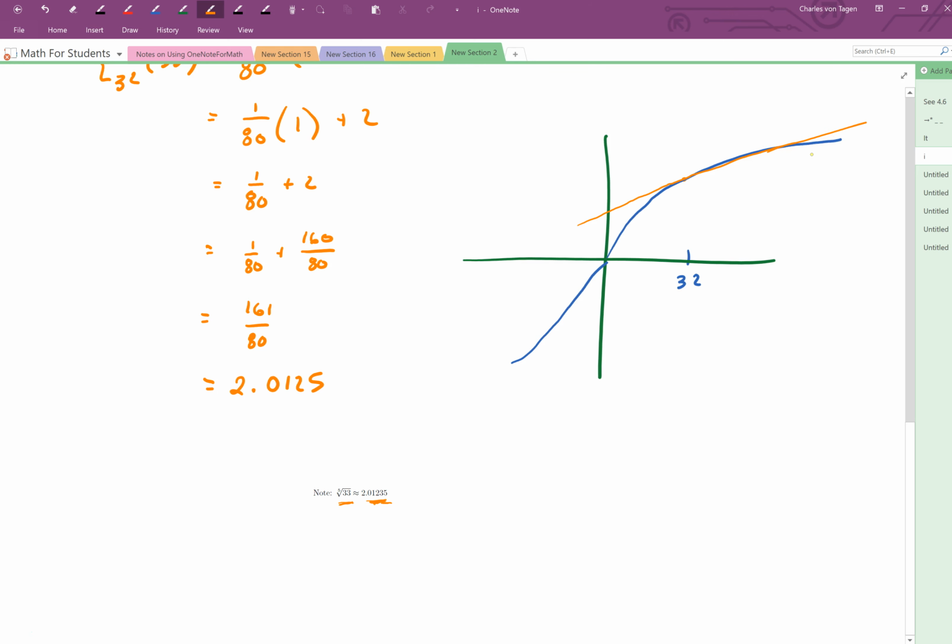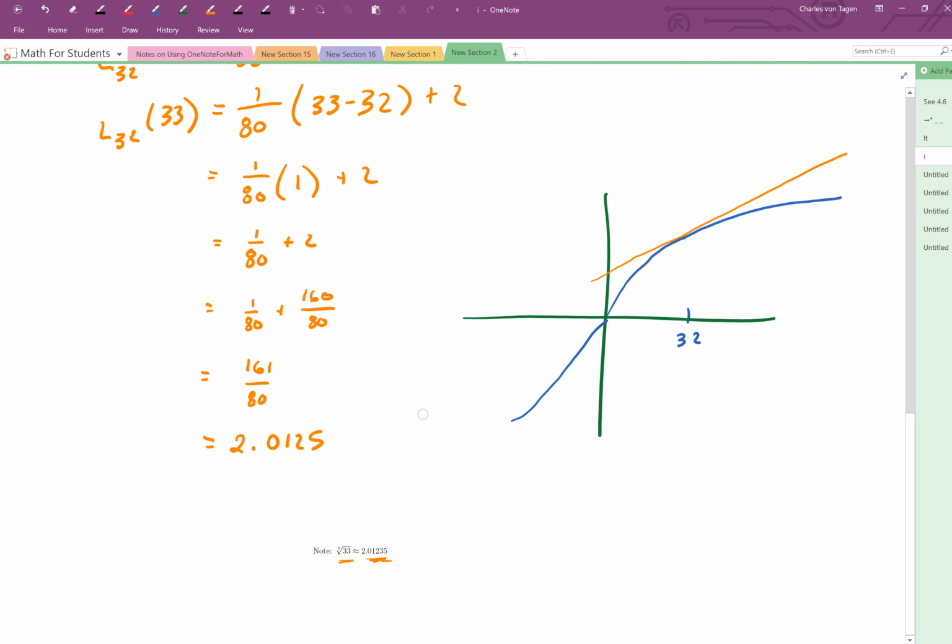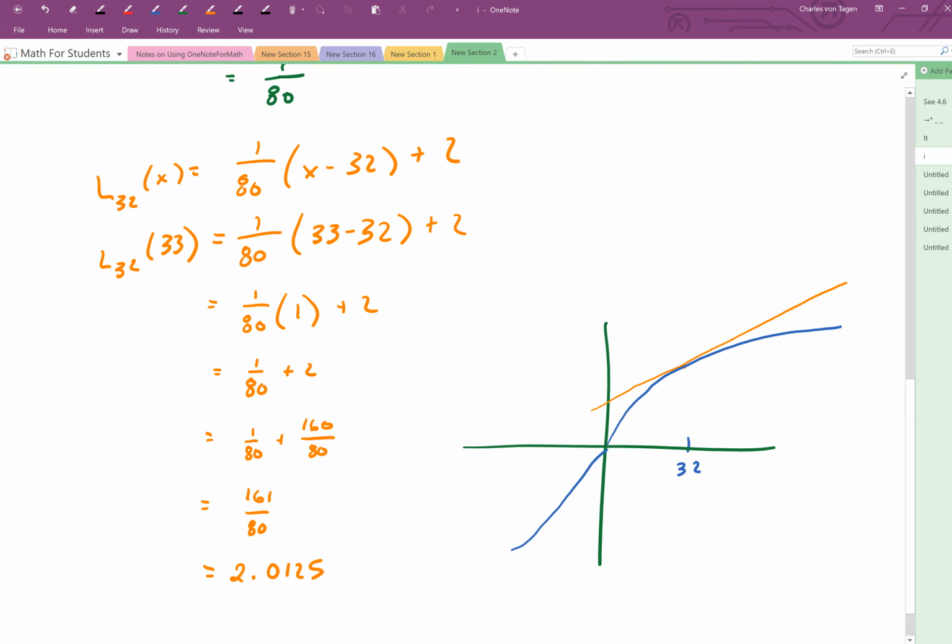The tangent line is given by this function right here. The equation of this line is y equals 1 over 80 times x minus 32 plus 2, but instead of calling it y, we're calling it L32 of x, linearization anchored at 32.